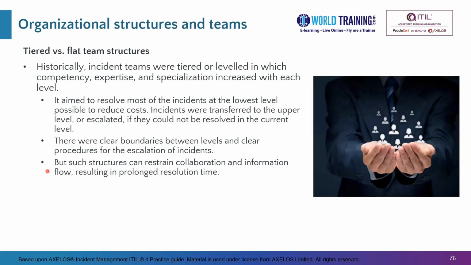Those would be more internal operational level agreements rather than signed up with the customer in the form of a service level agreement. But one of the challenges in such a structure is lack of collaboration, because it's sequential escalation and the information flow can be slow, and therefore the resolution time can be extended or prolonged.